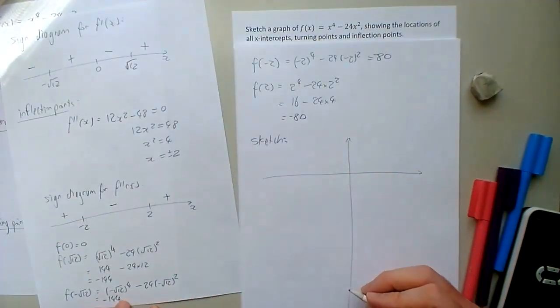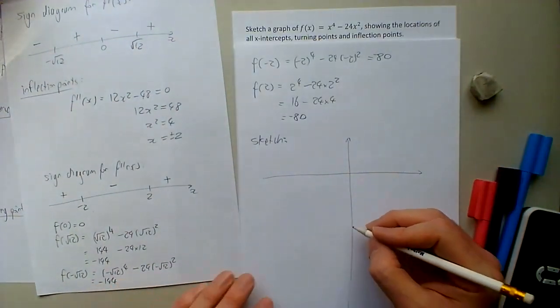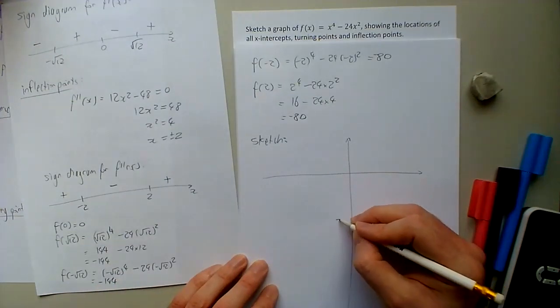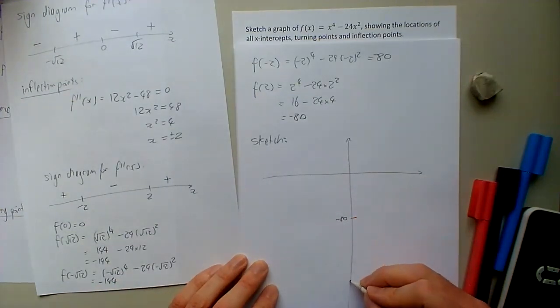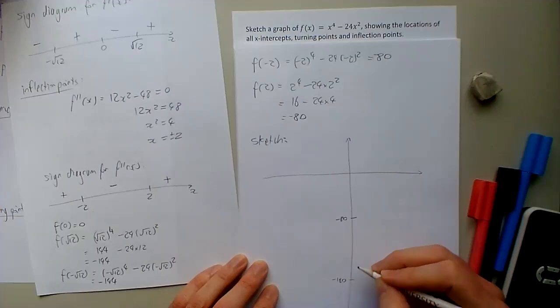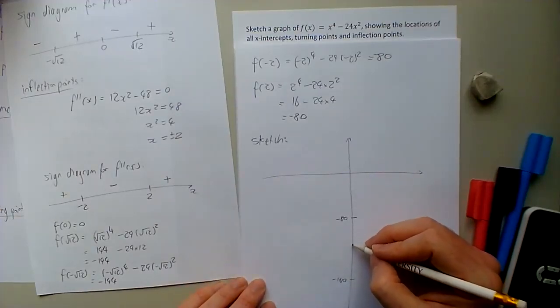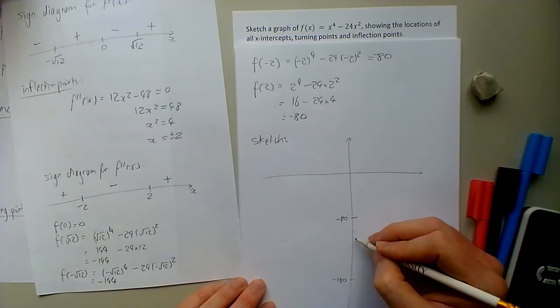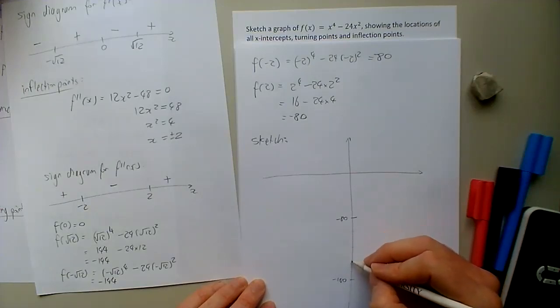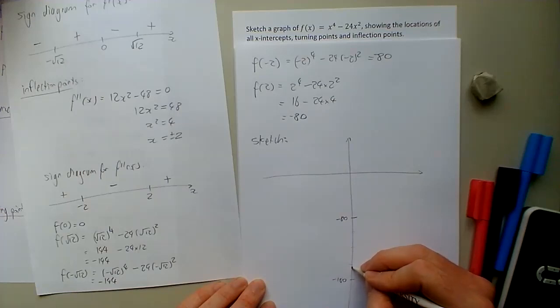It's supposed to go down to 144. So if this is like 80, and this is like minus 160, minus 144, 100, 120, 140, it's about here.